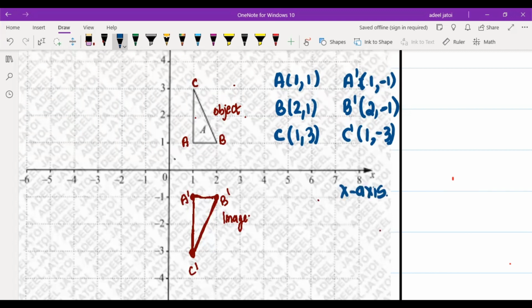So whenever there is a reflection with the x-axis, your x coordinate is the same, but the sign of the y coordinate will change. And each point when we draw it up, we got to know that this becomes your image, using the distance of the object from the reflection line and the distance of the image from the reflection line. Considering this as the object and this as your image.